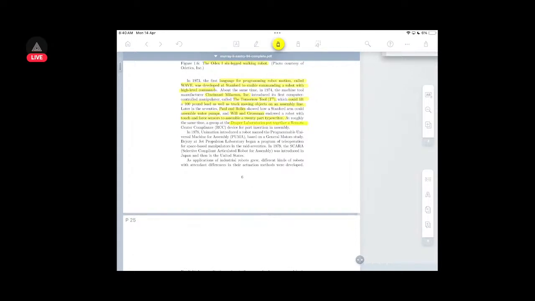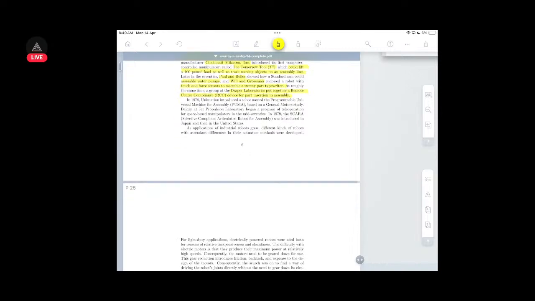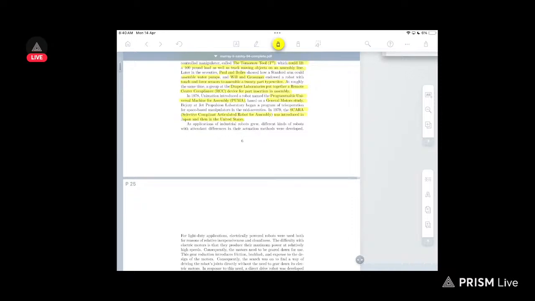Draper Laboratories put together a remote center compliance RCC device for part insertion in assembly. So you have the programmable universal machine for assembly based on a General Motors study. SCARA was introduced in Japan and then in the US.